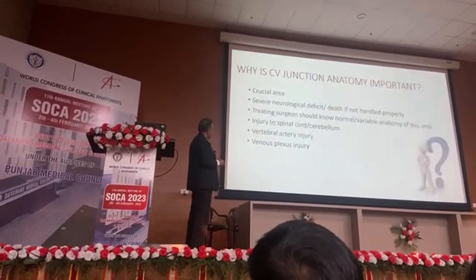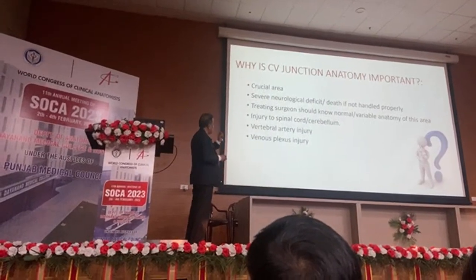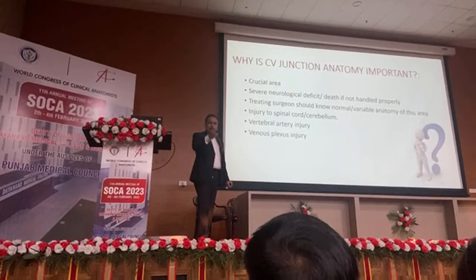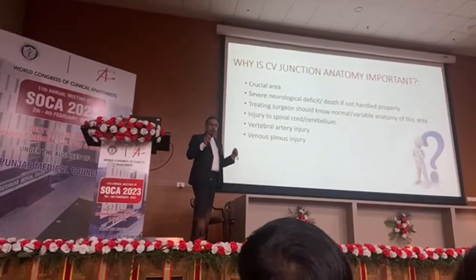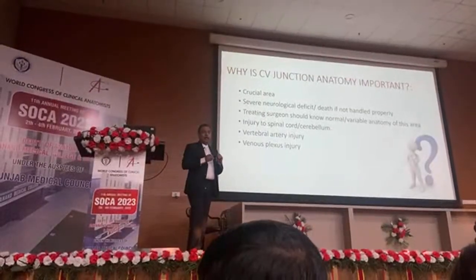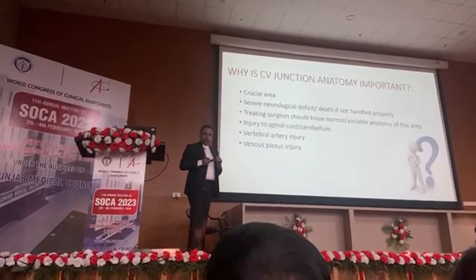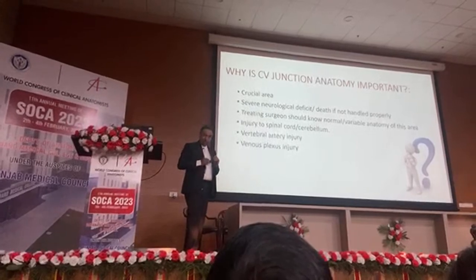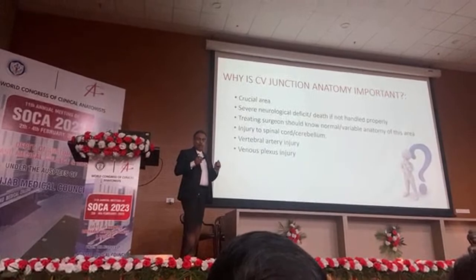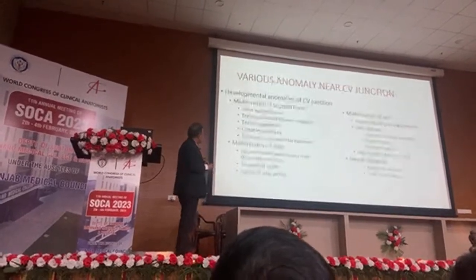Whatever the venous plexus, I will not go into details. Why the CV junction anatomy is important, I have explained in parts. It is important not to cause any kind of damage to any structure, so that we come out with a good result.